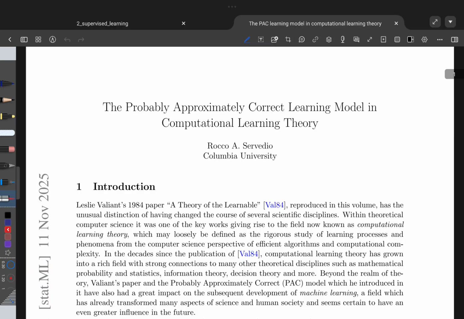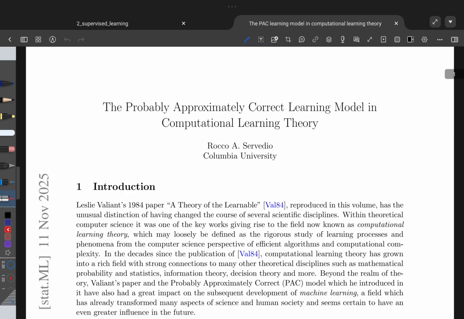All right, so in the first part of the course, when we defined PAC learnability, we only focused on the sample complexity of a learning algorithm. What is the minimum number of samples required to obtain an epsilon-delta error?